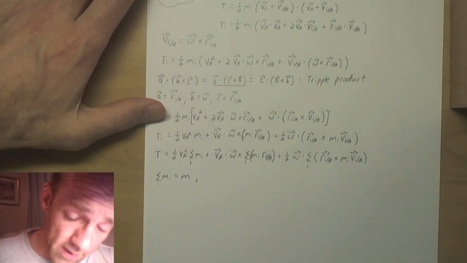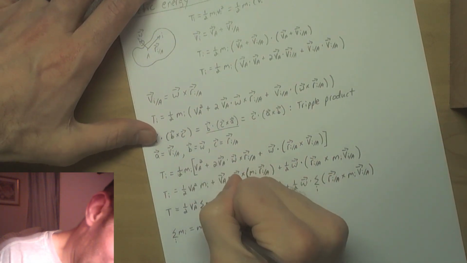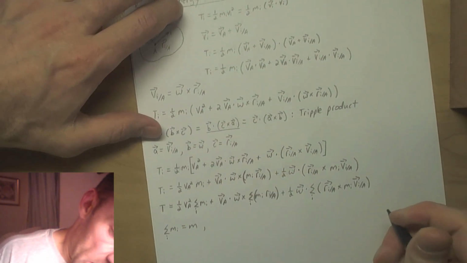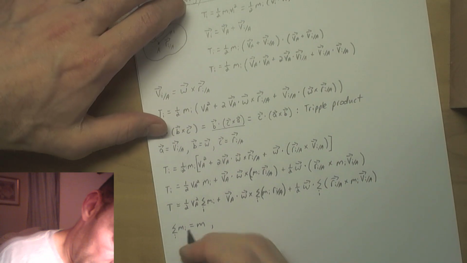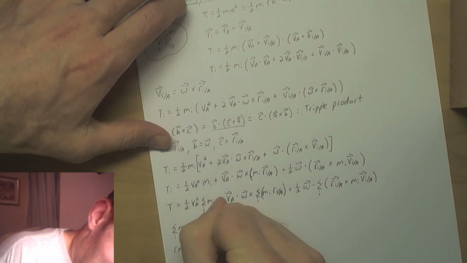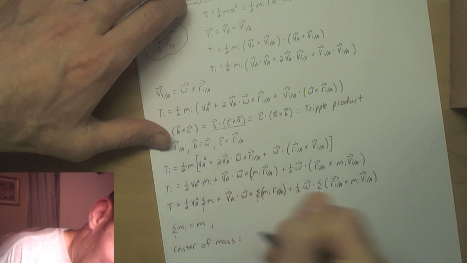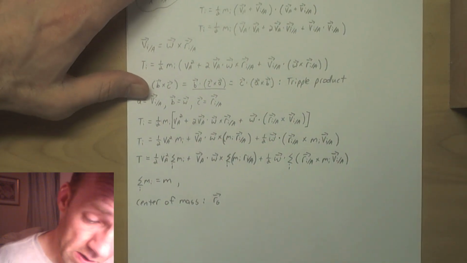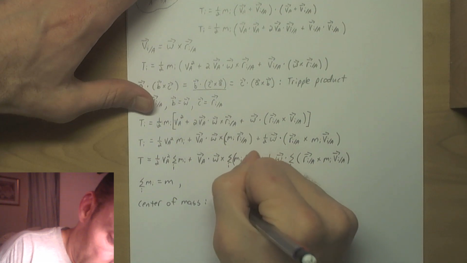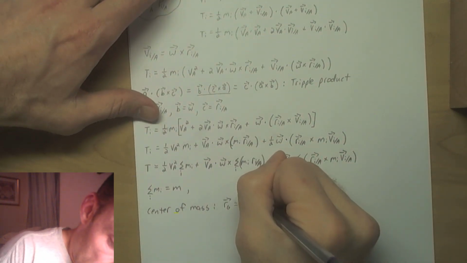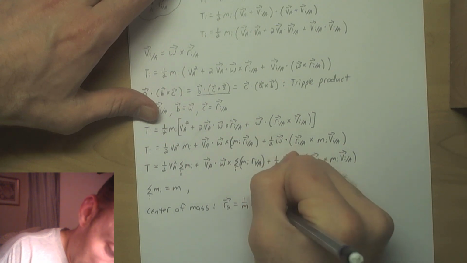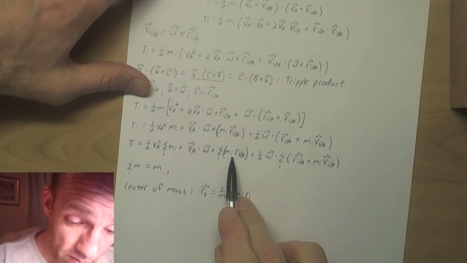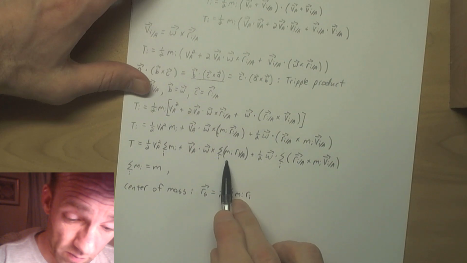Now we have to think back a little bit, but there was a definition of the center of mass of a collection of particles, and as you can tell, that's precisely what we have here.